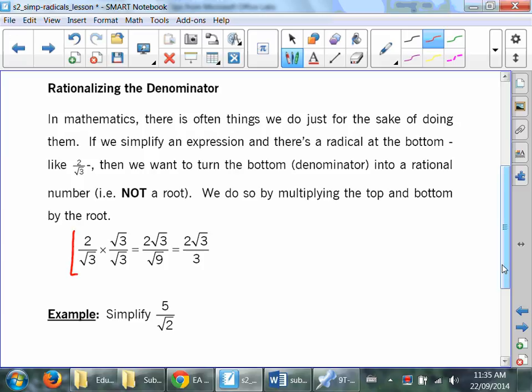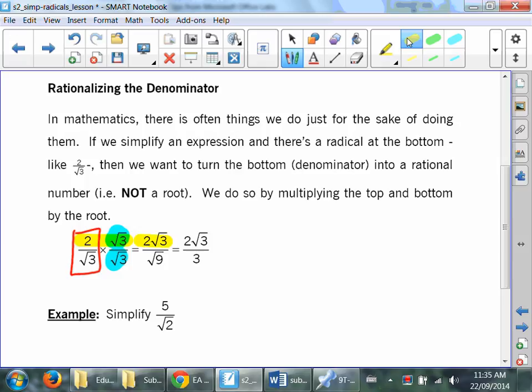So we start off with 2 over root 3. We don't want the root 3 on the bottom, so we're going to multiply the bottom by root 3 to get rid of it. But to keep this an equivalent expression, we have to also multiply the top by root 3. So, on top, we're going to get 2 times root 3, which is 2 root 3.